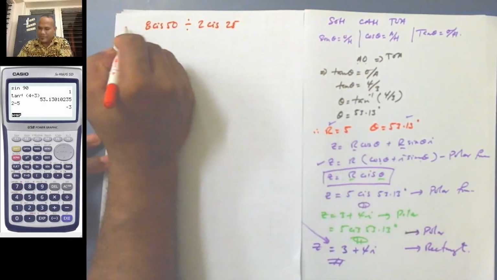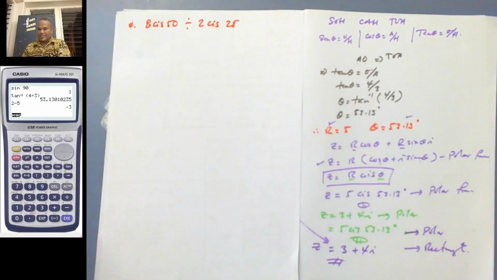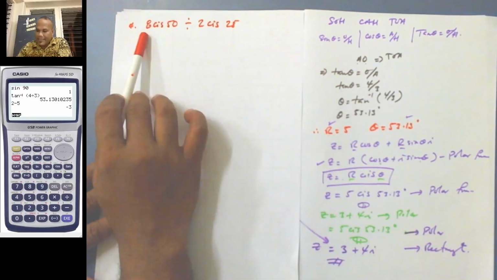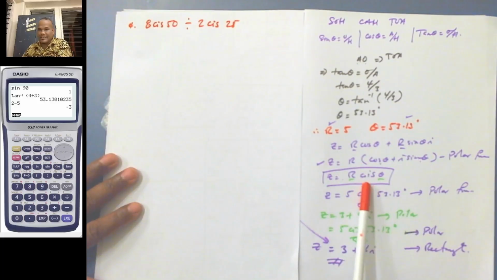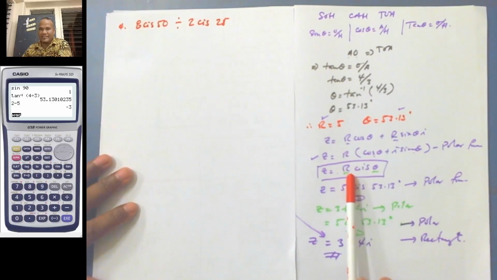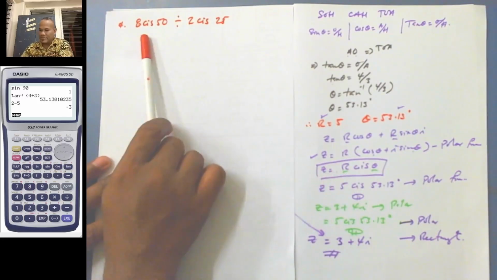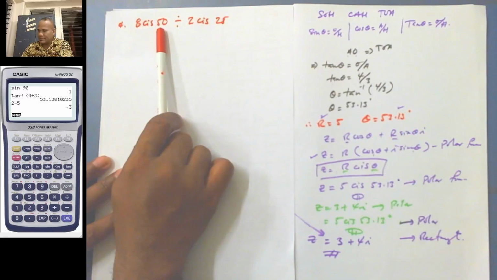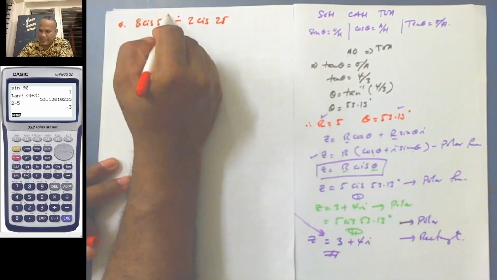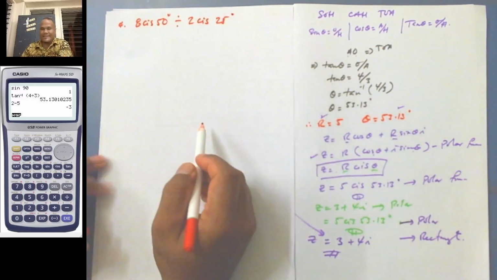This is question 4. The question is saying 8 cis 50. What is cis? Cis is a value that is given in polar form. So this is our value r, and this is our theta, 50 degrees and 25 degrees.